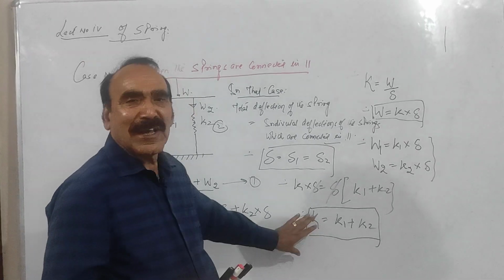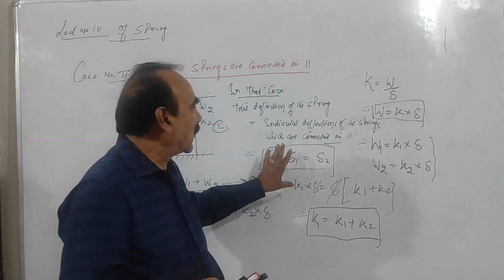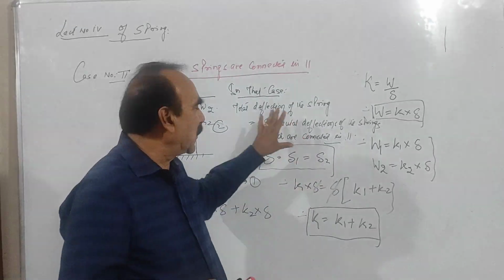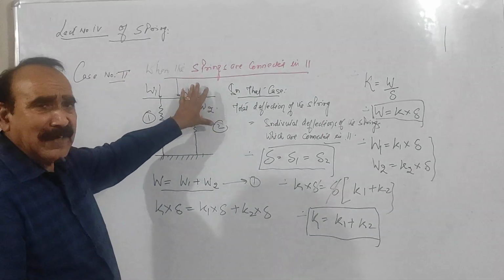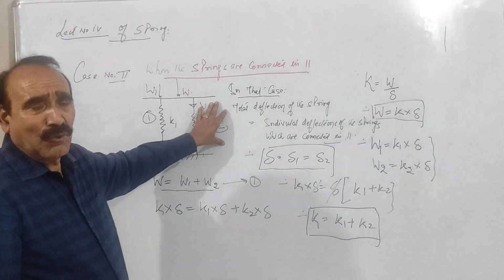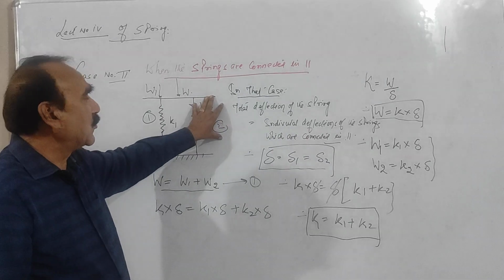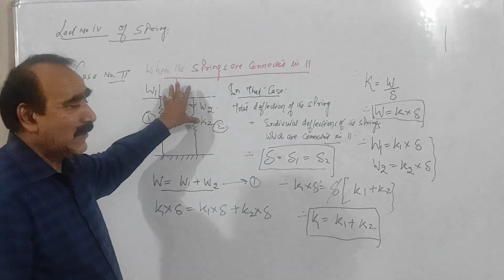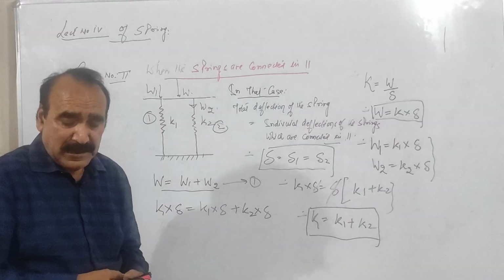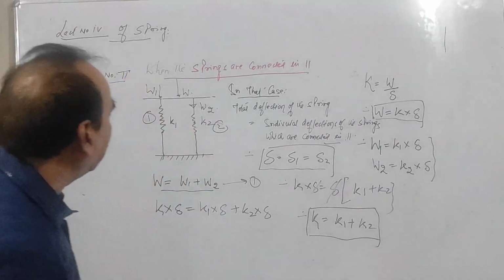So these two formulas are very important. You must remember them, and I think you must understand that also. I have explained each and everything in this topic when the springs are connected in series or in parallel. Now, next one I will take up.